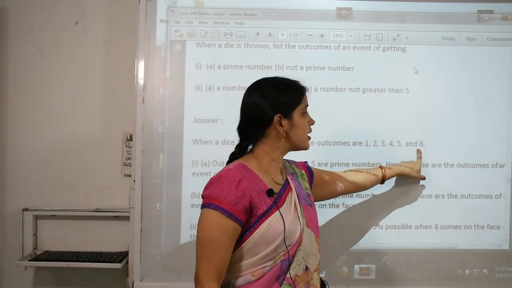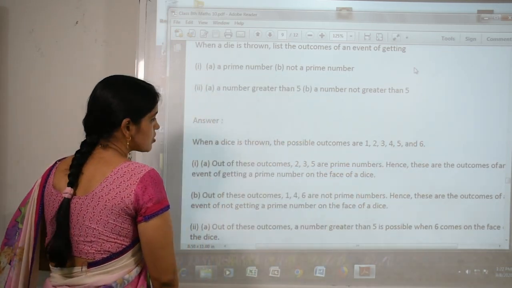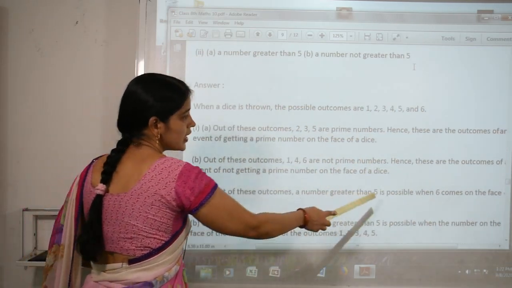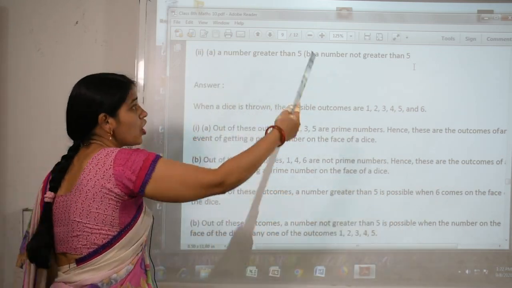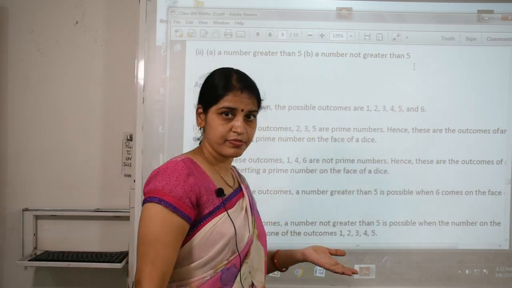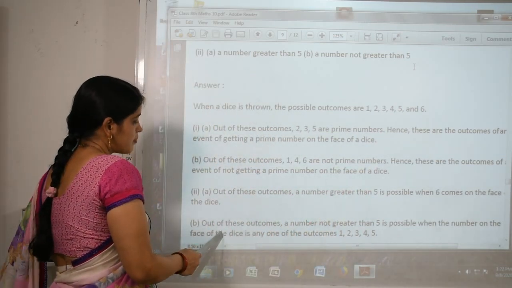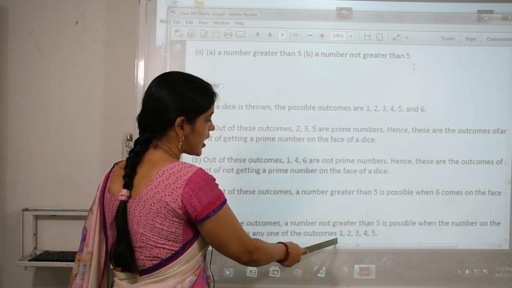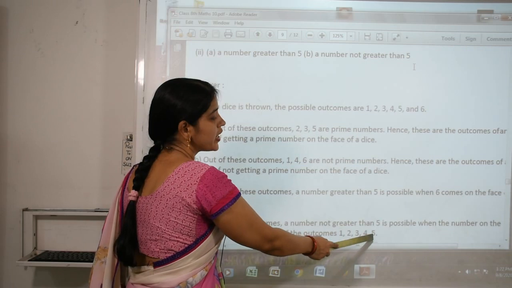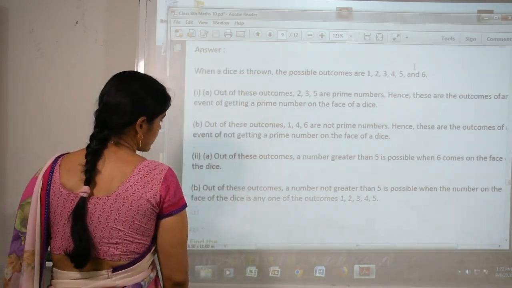So here a number greater than 5 is 6. So our answer is also 6. Okay. Then a number not greater than 5. 5 से बड़ा नहीं होना चाहिए. That means out of these outcomes, numbers which are not greater than 5 are 1, 2, 3, 4 and 5. Okay, these are the possible outcomes.